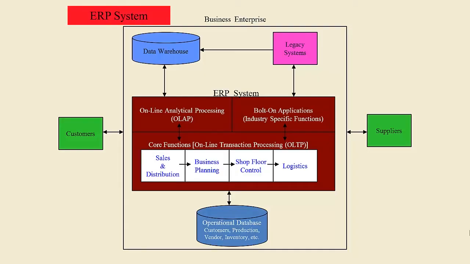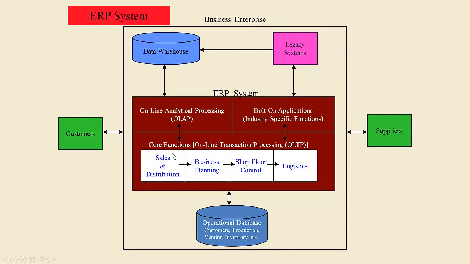Here's a diagram of an ERP system. Notice that it consists of a series of software modules, these squares and rectangles. At the core is OLTP, Online Transaction Processing.